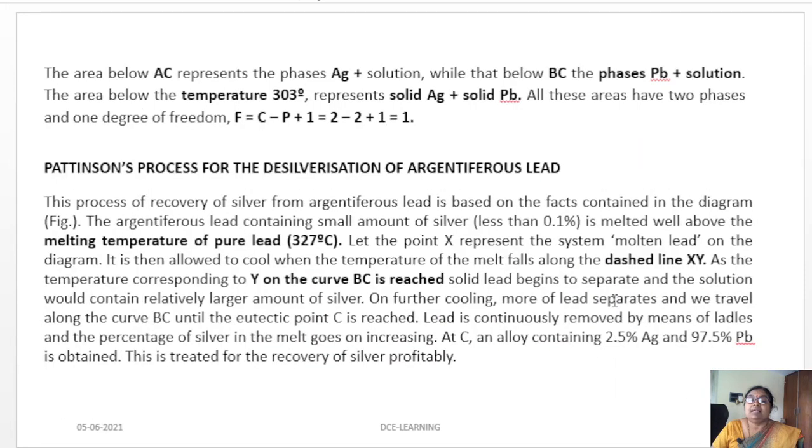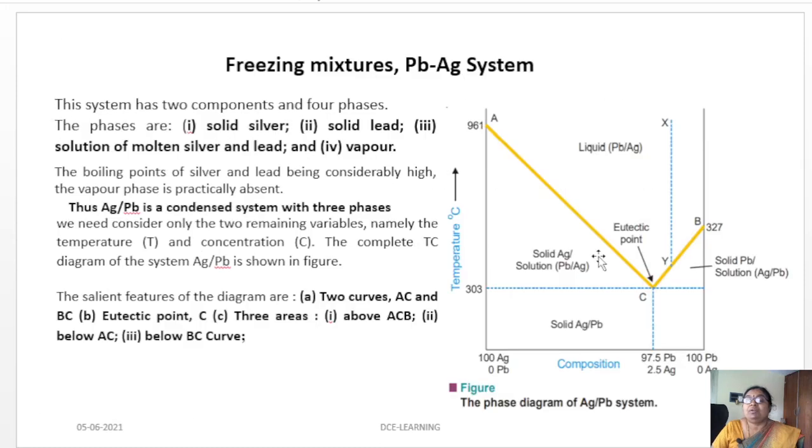You already know that argentiferous lead contains only 0.1% of silver. When you melt it above BC, above 327 degrees, the argentiferous lead is melted.